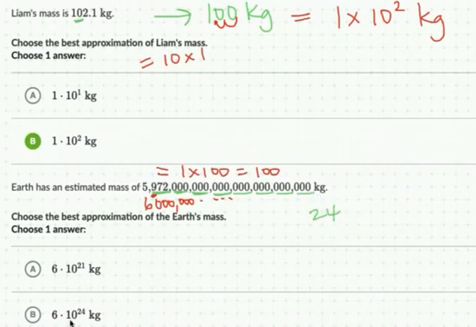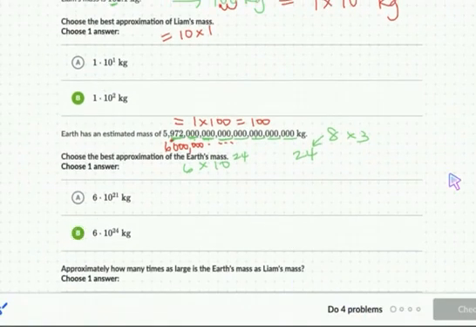So there's 24 of those place values because there's 1, 2, 3, 4, 5, 6, 7, 8. 8 groups of 3 zeros. 8 times 3, 24. So it should be 6, that's the number in the front, times 10 to the 24th power, because there's 24 place values here. So that's our answer, 6 times 10 to the 24th power.